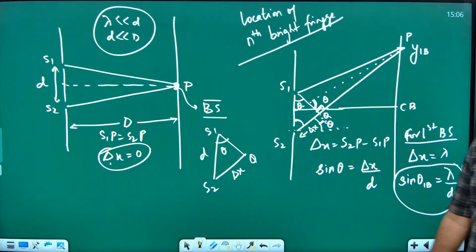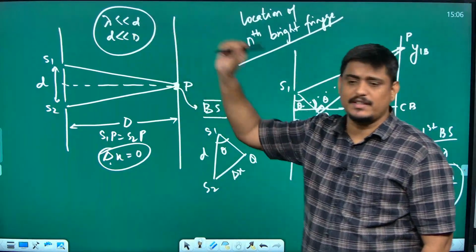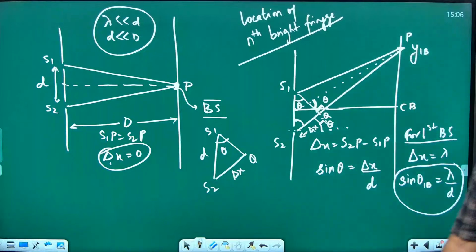Some time before, I told you lambda is much smaller than small d. If lambda is much smaller than small d, then obviously this number will be very small. Lambda by d will be a very small value. So if sin theta value is very small, can I replace sin theta with tan theta or theta? Are you getting what I am trying to say?